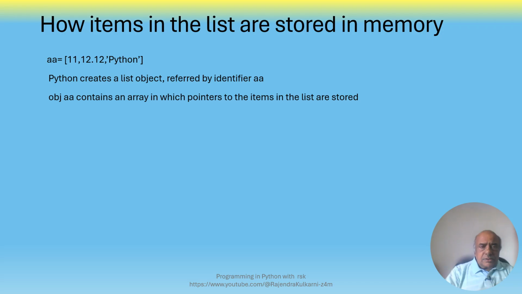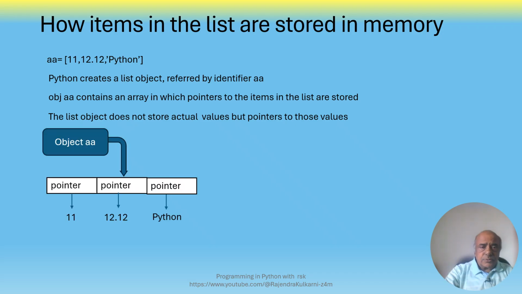Actually, in Python, the object of the list AA contains an array in which pointers to the items in the list are stored. So actual items are not stored in the object, their pointers are stored. The list object does not store actual values but pointers to those values.